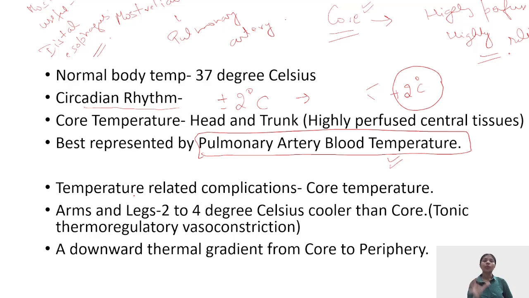Please remember that in the normal body, the peripheral temperatures, that is the temperatures of your limbs, are always 2 to 4 degrees Celsius less than your core temperature. And there is a thermal gradient formed because of which heat flows from the core to your peripheries.